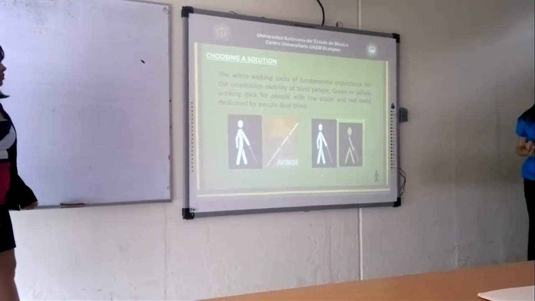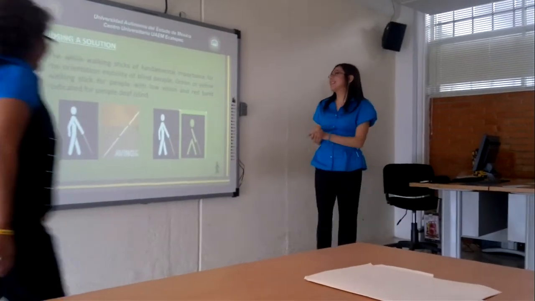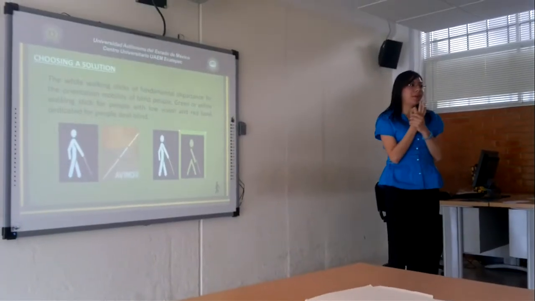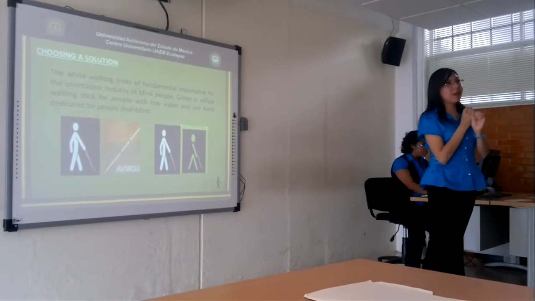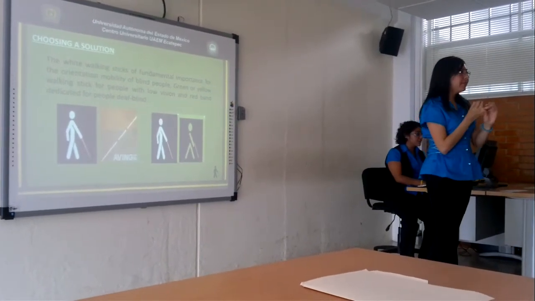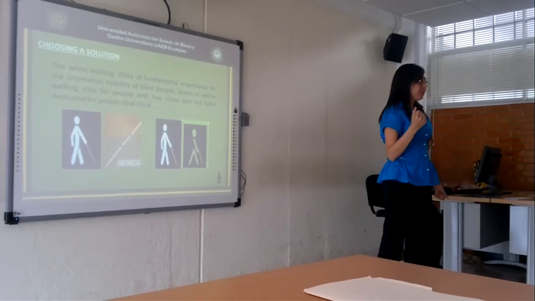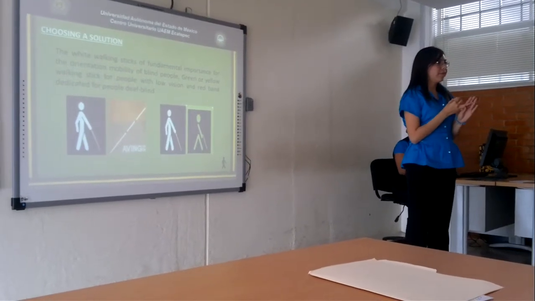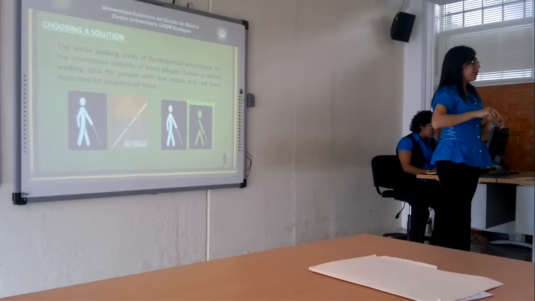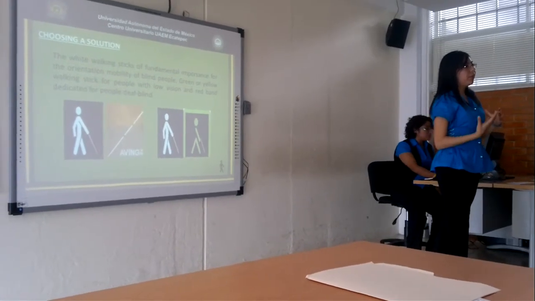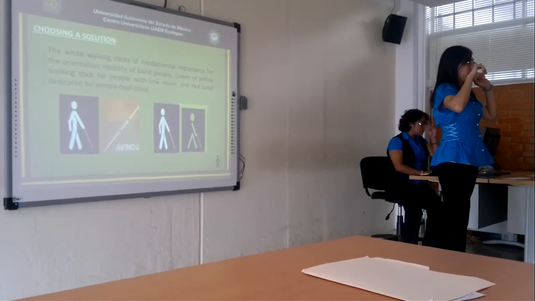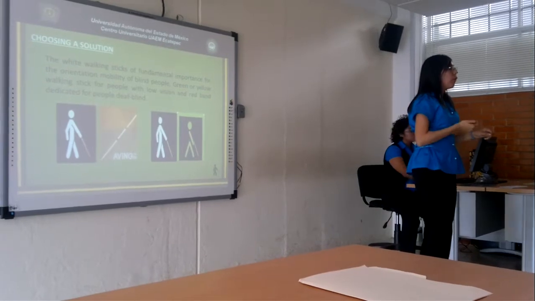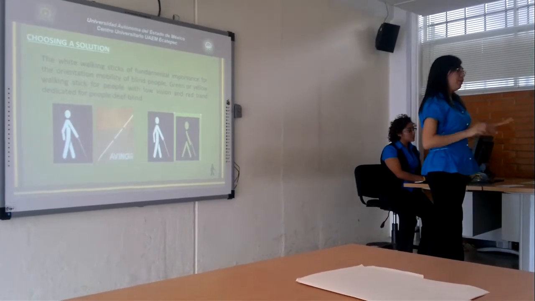Well, choosing a solution. Well-being is fundamental for blind people, and there are different walking sticks, for example, yellow and red. This walking stick is for people with low vision, and there are walking sticks with two red bands for people who are deaf and blind. And the common white walking stick is for people who are only blind.